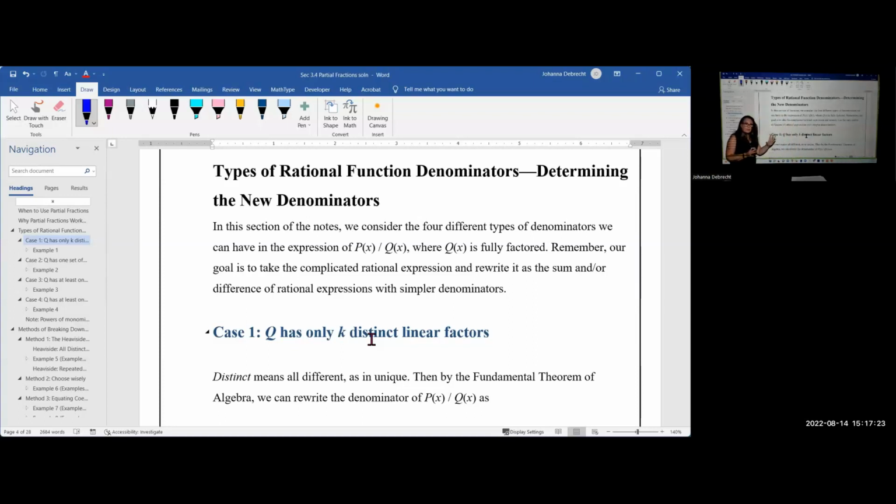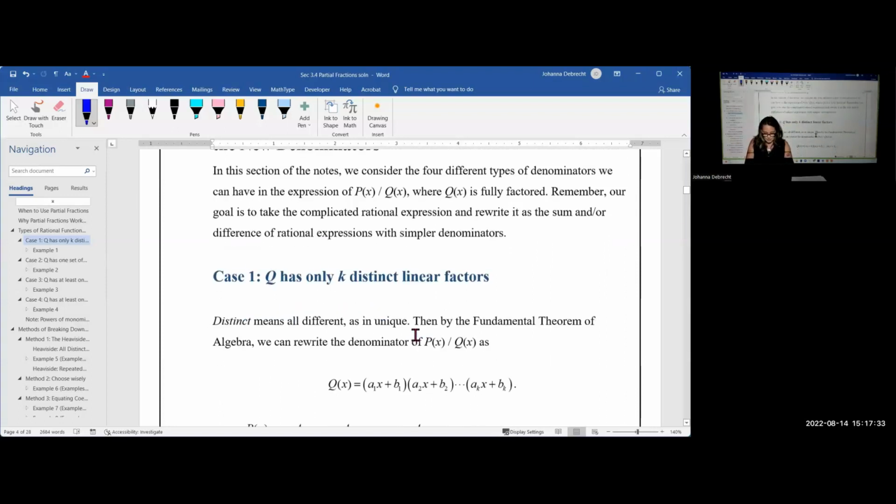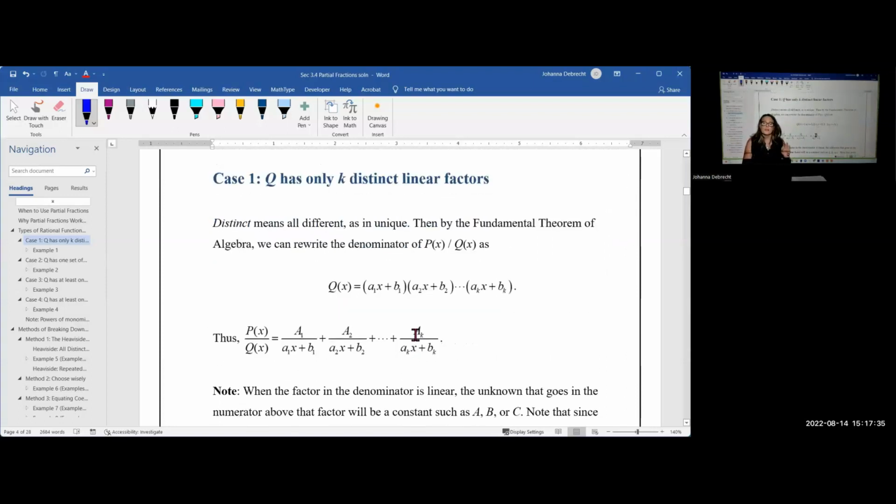So we've got these 4 basic types, and we can have combinations of these as well. So again, what we're trying to do is break down these complicated rational expressions into something simpler, with the ultimate goal being to be able to integrate the simpler expression.